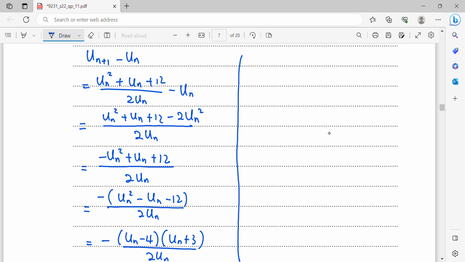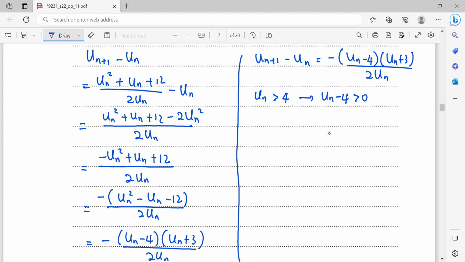So now I will continue side by side, then it will be easier for me to show you the result. So from here, I will rewrite un plus 1 minus un is negative of un minus 4, un plus 3 over 2un. Just now we have proven that un is greater than 4. Therefore, un minus 4 is greater than 4 minus 4, so more than 0.